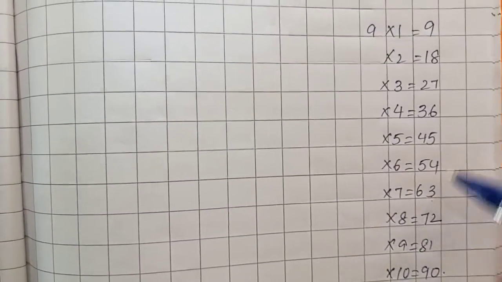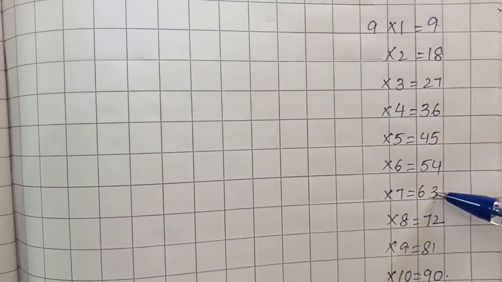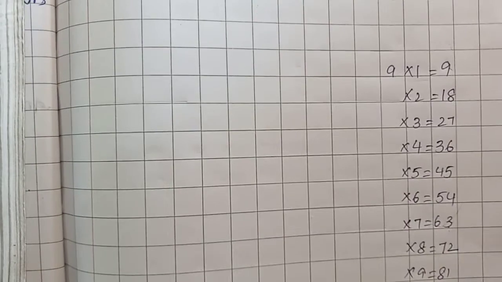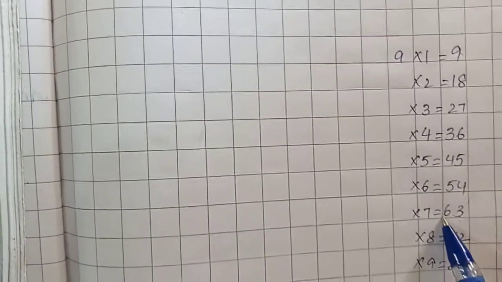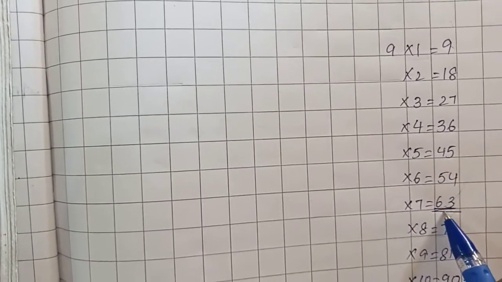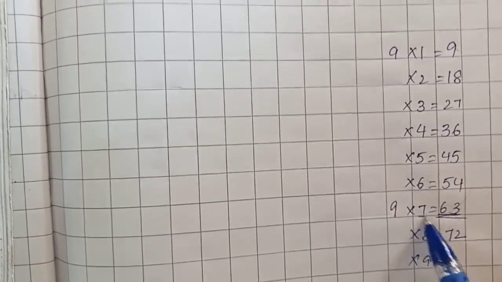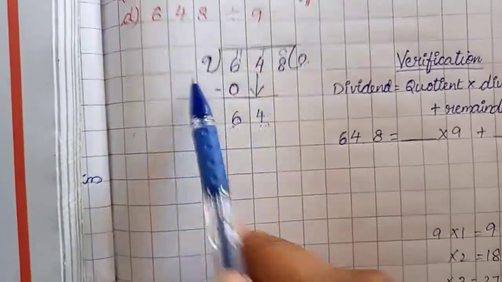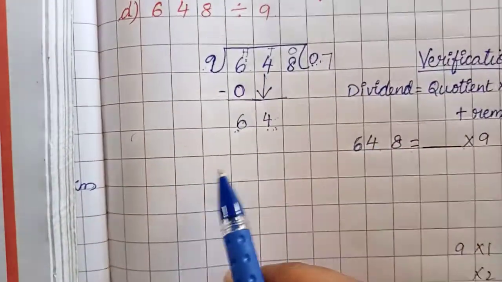But we have to subtract the biggest number. From 9 to 63, all numbers are smaller than 64, isn't it? But we have to take the biggest one among these. Which is the biggest one? 63, right? Where we are getting 63? 9 sevens are 63. So 9 we have here already and we will put 7.